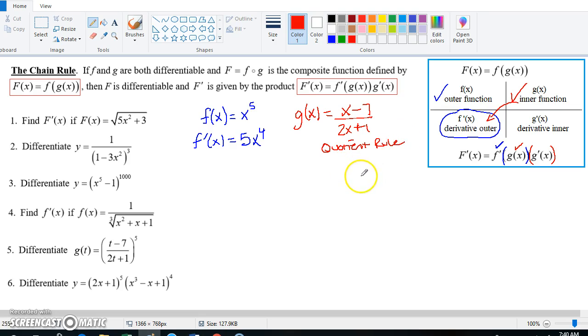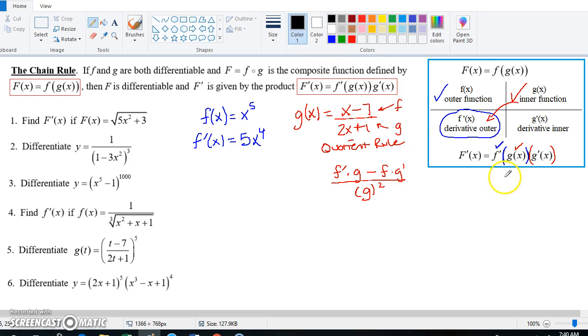So the quotient rule says, I'm going to identify these guys as f and g. So I need f prime times g minus f g prime all over g squared. All right, so let's do that.